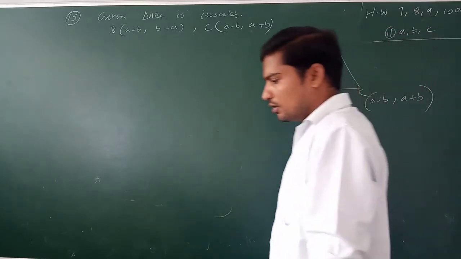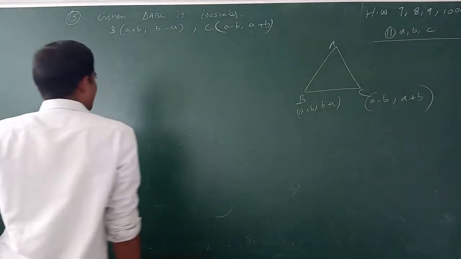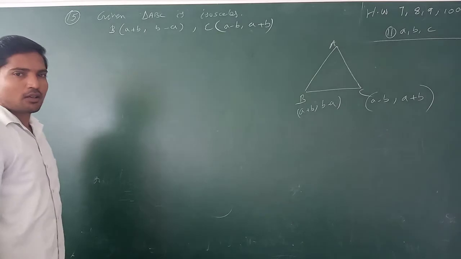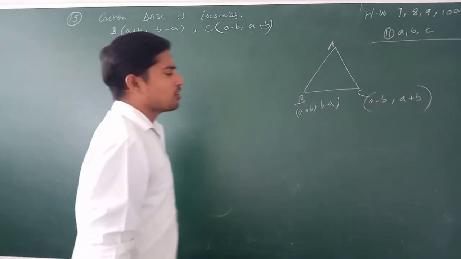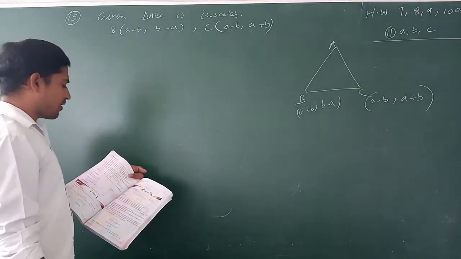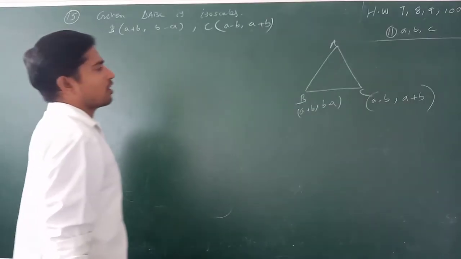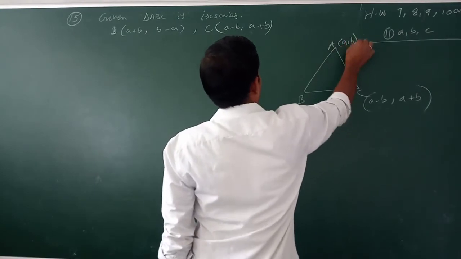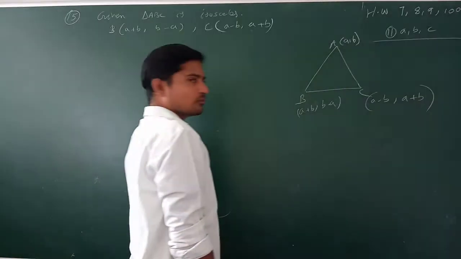Here we need to find the coordinates of A, such that it is an isosceles triangle. Isosceles triangle means any two sides are equal. Suppose the first option he has given, (a, b). Let us take A as (a, b).